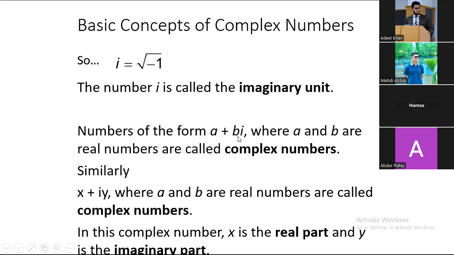a plus iota b. So we know that z equal to a plus b iota.